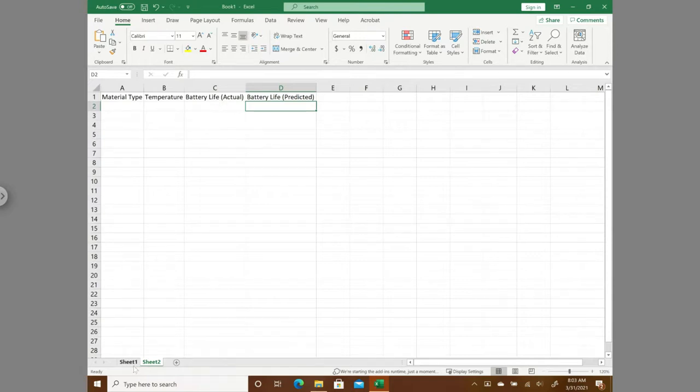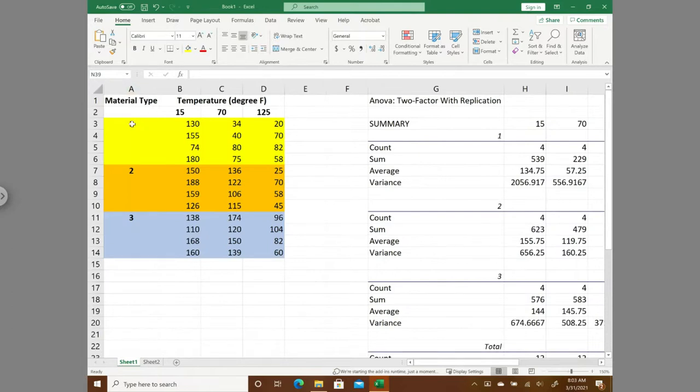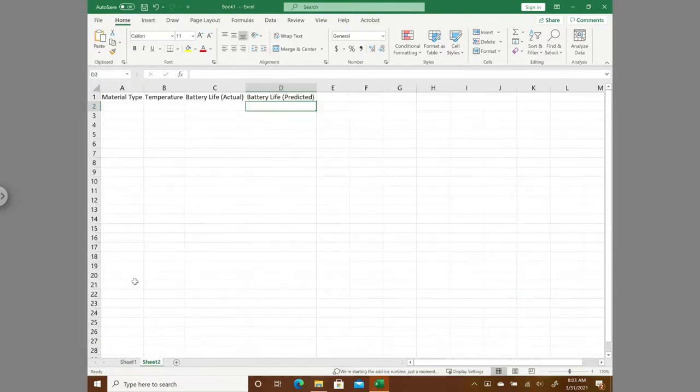So for material type, there is one, and we have four observations. So I have to write that one four times, right? Then two four times, three four times.